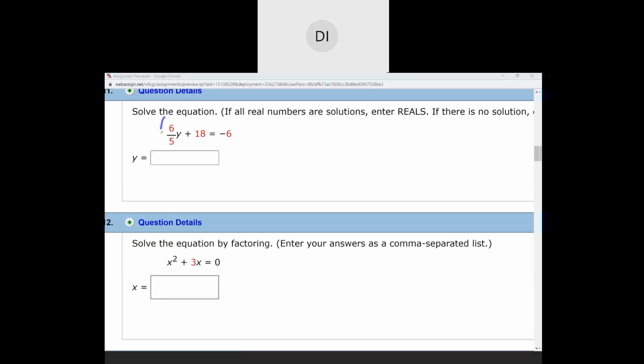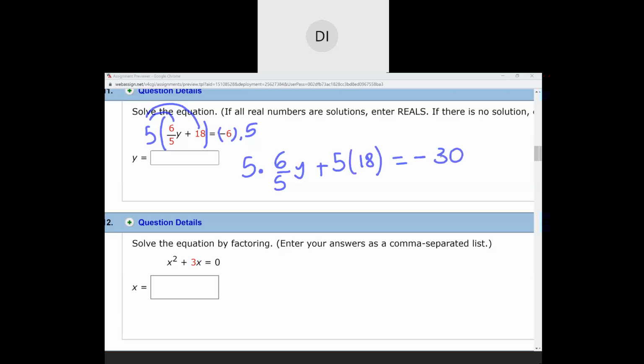I multiply 5 times each term, because there are two terms on the left side: 5 times 6 over 5 y, plus 5 times 18, equals negative 6 times 5, which is negative 30. The 5 is technically 5 over 1, so you cancel 5 up, 5 down.